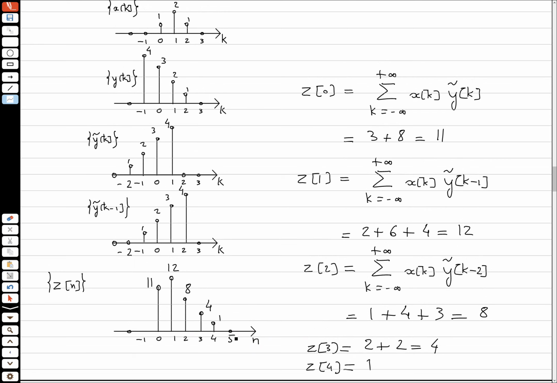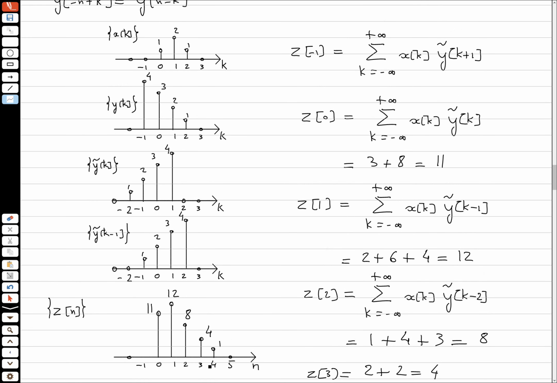But we're not done, because we still have to look at the negative shift. So Z of minus 1, what is Z of minus 1? This time you need to shift y by 1 to the left, and then you see that you get 1 times 4 here, and that's it.